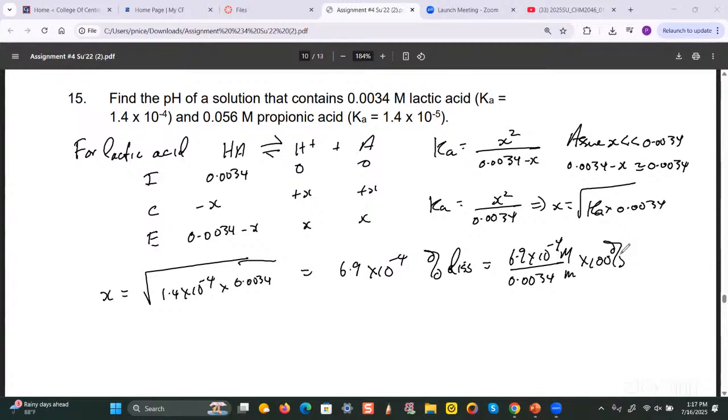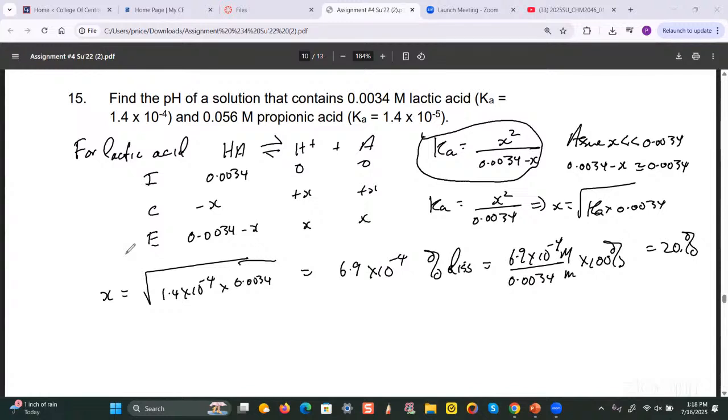So let's see here, 6.9 times 10 to the minus 4 divided by 0.0034 times 100. And guess what? Percent dissociation is 20%, which is obviously greater than 5%. So what does that mean? We have to come back to basically this equation right here and solve it the longer way, all right?